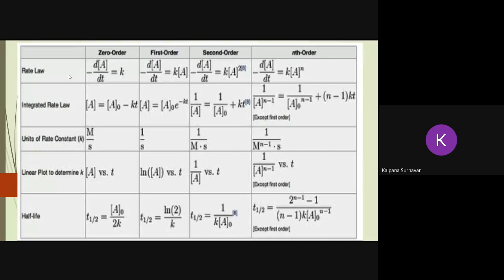See, here I have written a table which includes all the concepts related to kinetics: first order, second order, or the nth order.